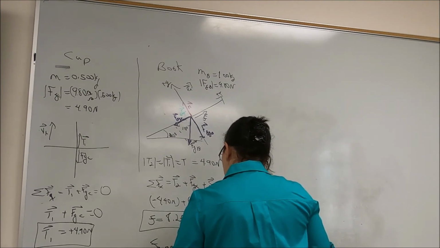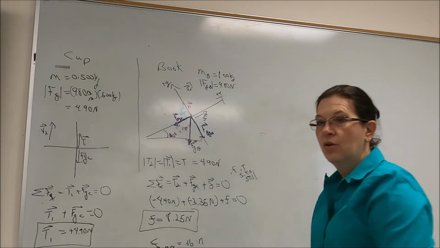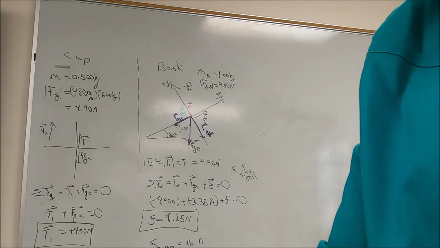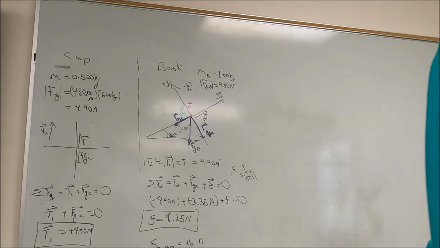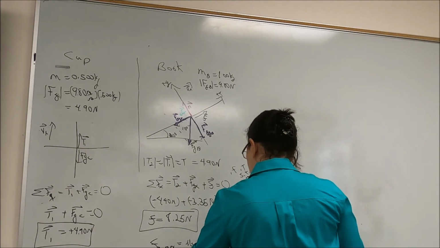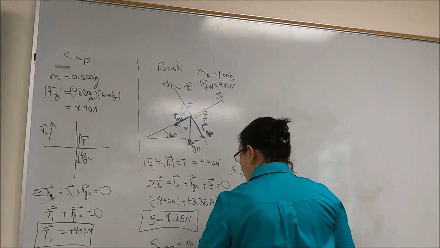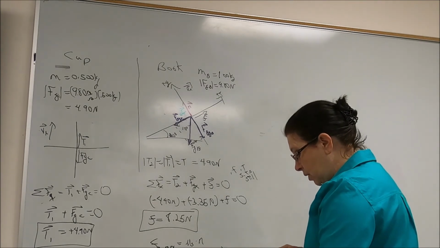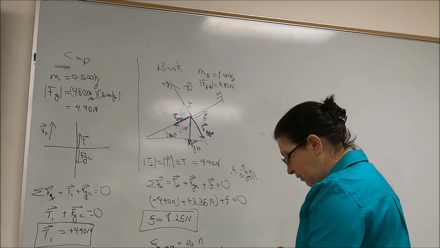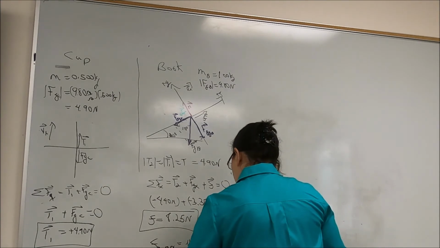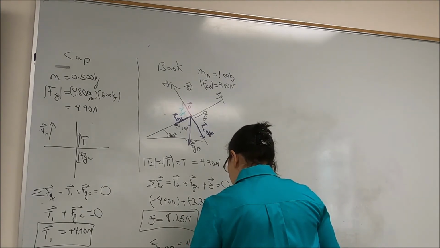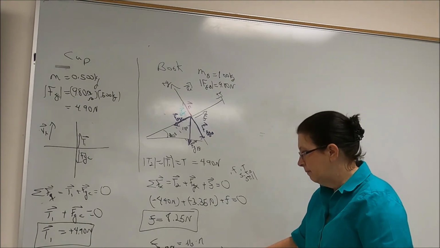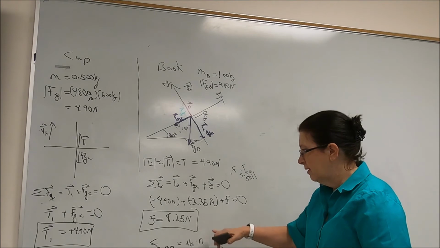Mu sub s was 0.50, and the normal force on this was 9.21 from part one of the problem. I don't have to reinvent the wheel. So 9.21 times 0.50 is 4.61 newtons. Now that's the maximum frictional force needed to keep it in place.